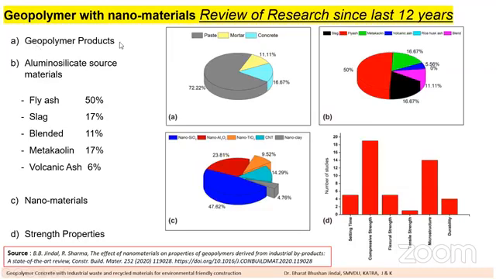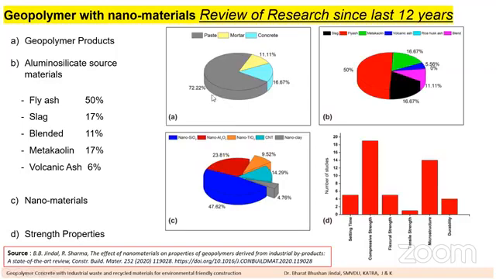From the first graph, graph A, you can see we went through research papers where the study was conducted on paste, geopolymer mortar, as well as geopolymer concrete. So three types of material were taken under investigation.